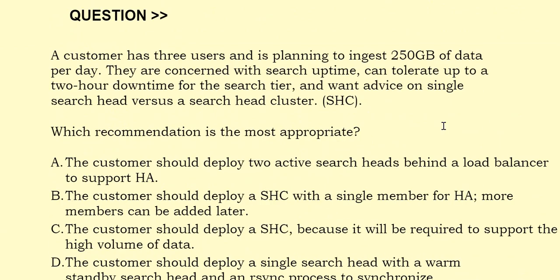Moving towards the next question. The customer has 3 users and is planning to ingest 250 GB of data per day. They are concerned with search uptime, can tolerate up to a 2-hour downtime for the search tier, and want advice on single search head versus search head cluster, SHC. Which recommendation is the most appropriate? Option A. The customer should deploy 2 active search heads behind the load balancer to support HA.